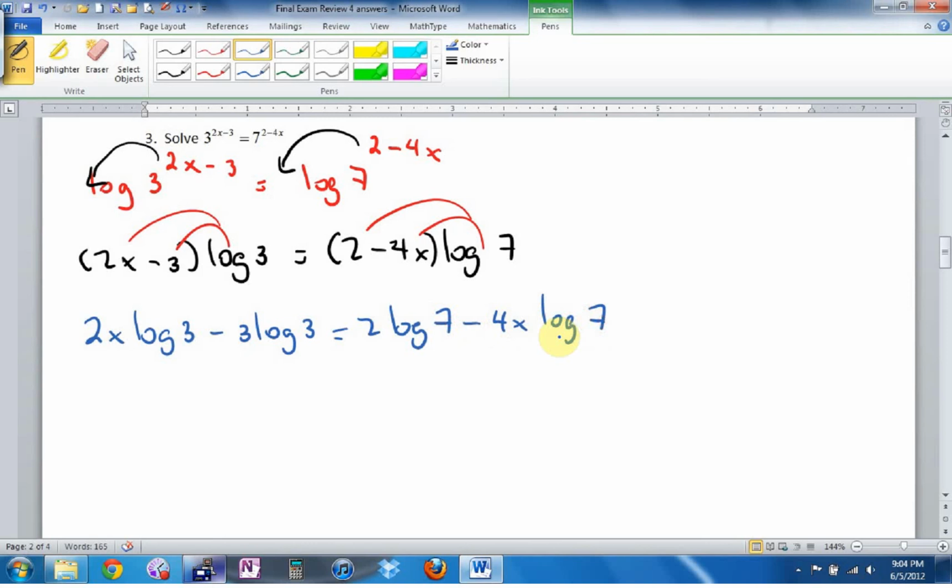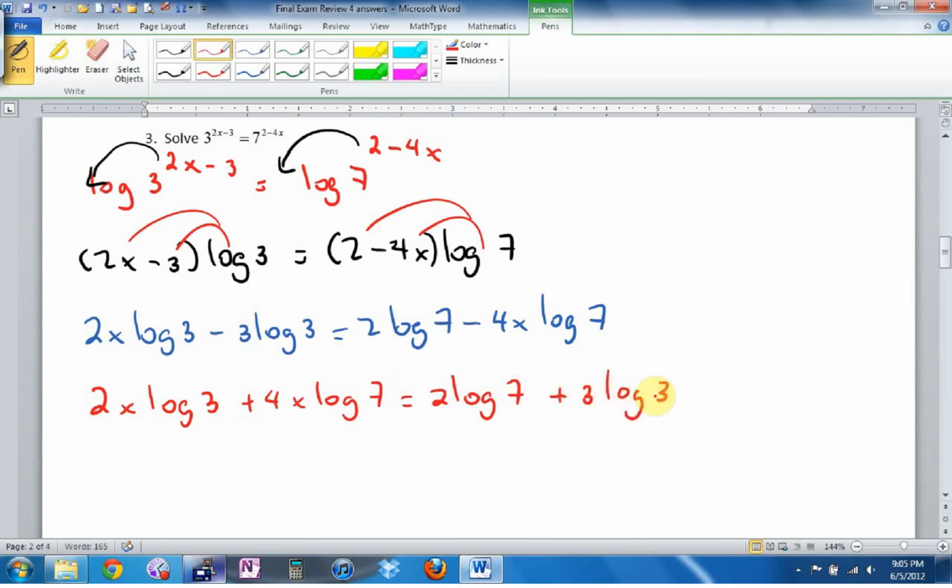Get all the x's to one side. I think the easiest way to do that is going to be plus this to that side and plus that to that side. I think you'll get this. 2x log 3 plus 4x log 7 equals 2 log 7 plus 3 log 3.